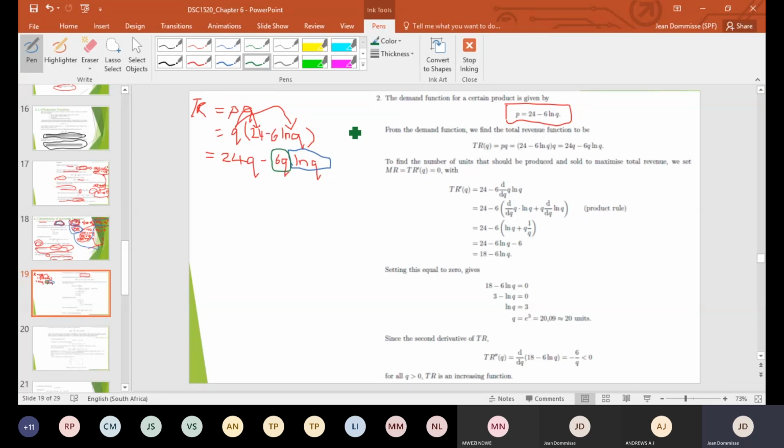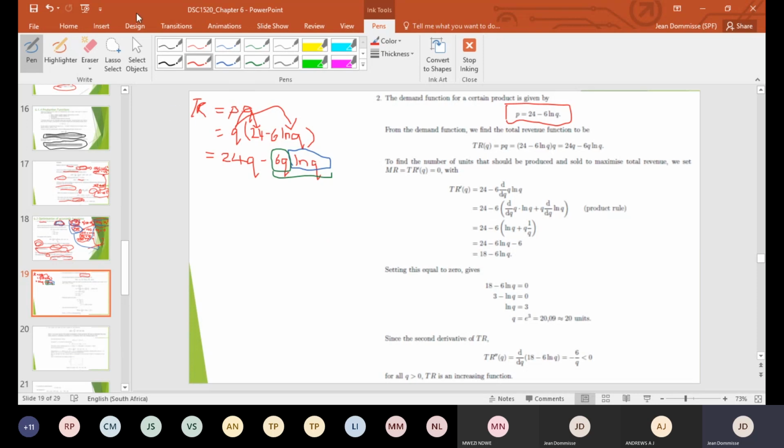I would probably, if I quickly looked at it, have wanted to say it's 6 ln Q to the power of 2, because I would have quickly wanted to say Q times Q. But if you go back to the log rules, this is what it is. So I think that is the first thing that we need to remember.